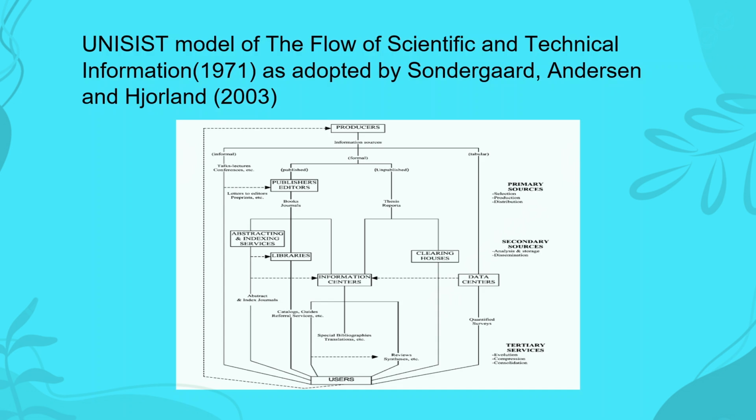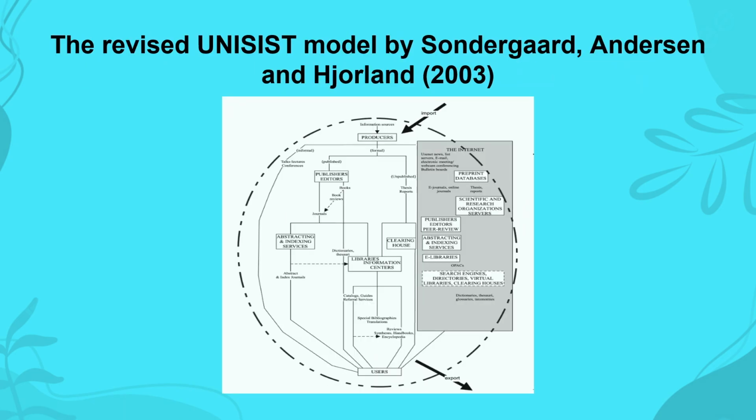Thus, users may again become the producers of information. This model was proposed in 1971, and in 2003, Sondergaard, Anderson and Holland modified and revised that model, including the internet resources and agents as the mediator and the influencer of information generation, dissemination and transmission, utilization, and finally assimilation.